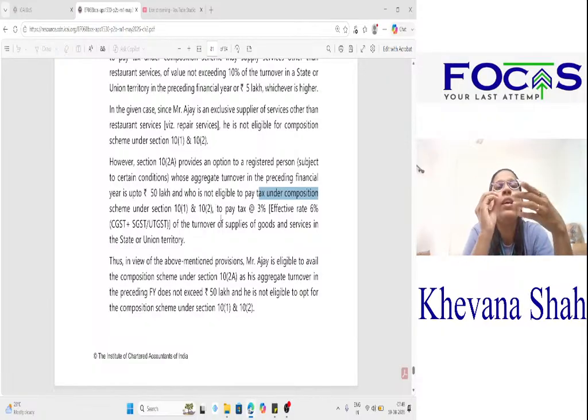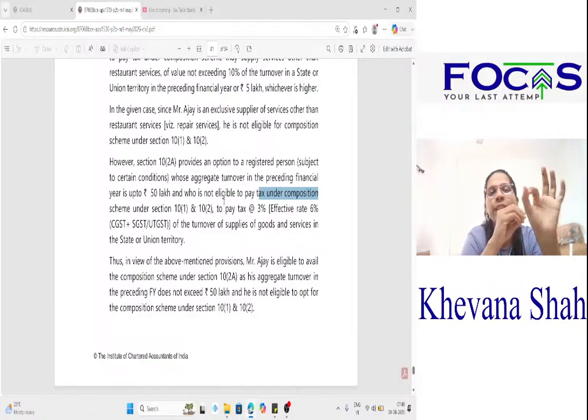So see, if you are not eligible to opt for composition scheme under section 10(1) and 10(2), then you have another section, 10(2)(a). So you can check if you are eligible for section 10(2)(a).